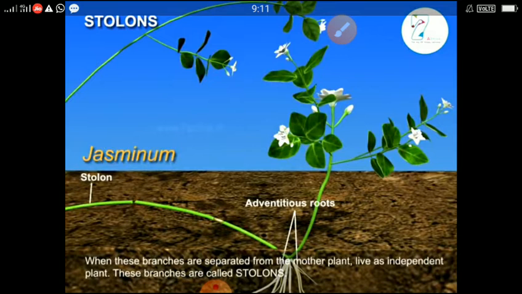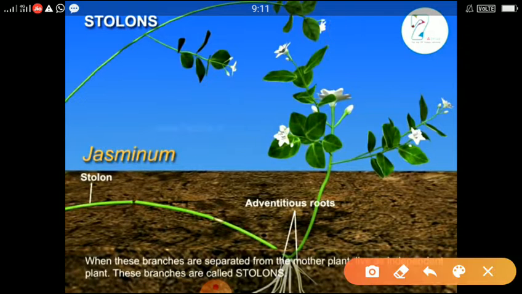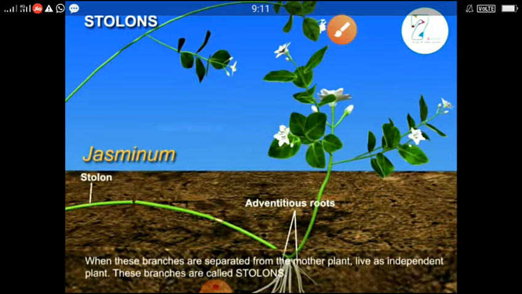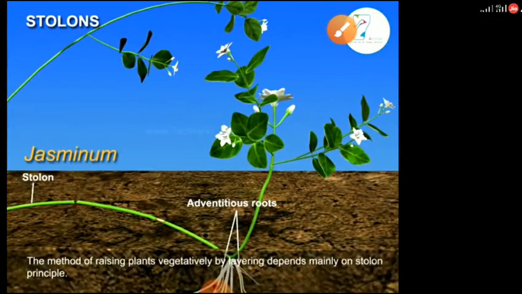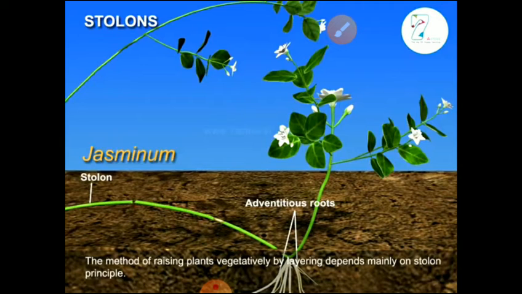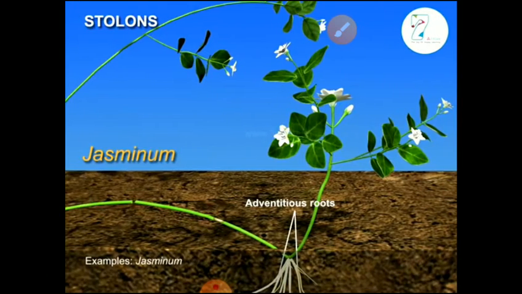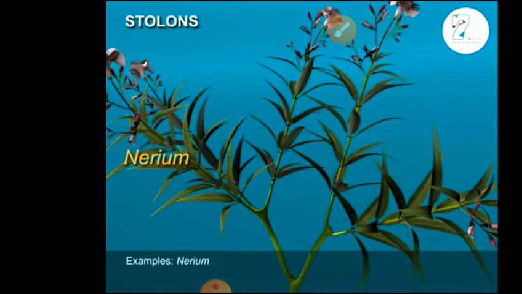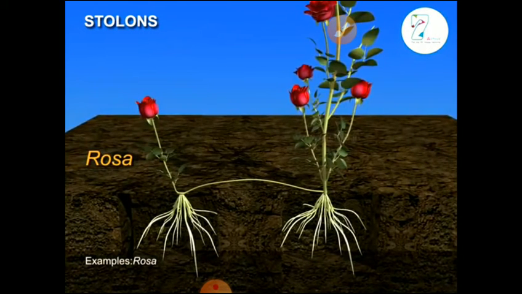These branches are called stolons. The method of raising plants vegetatively by layering depends mainly on stolon principles. Examples: Jasminum, Nerium, Rosa.